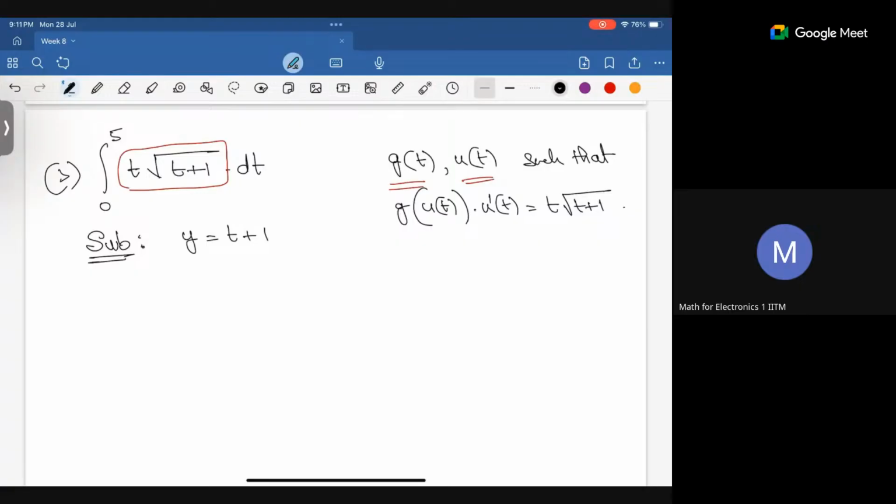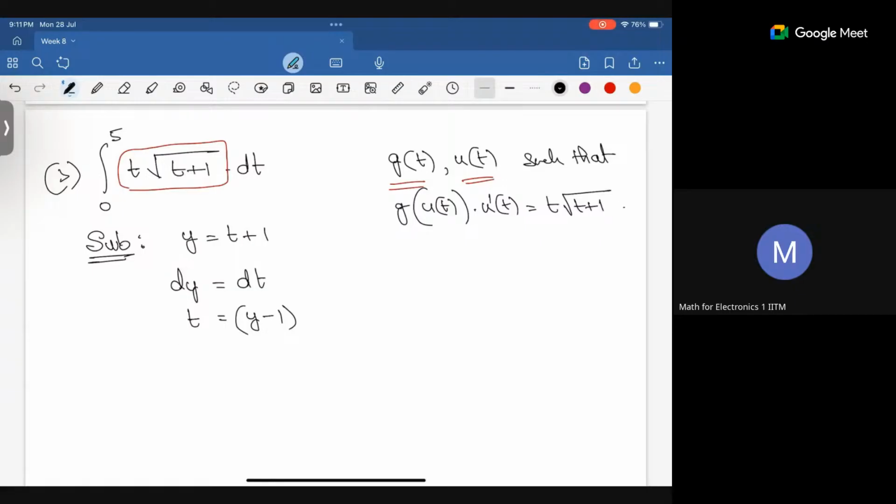Okay, so what happens by substituting y to be t plus 1? If I take dy, it will just simply be dt, right? And t will be y minus 1 because y is t plus 1, right?